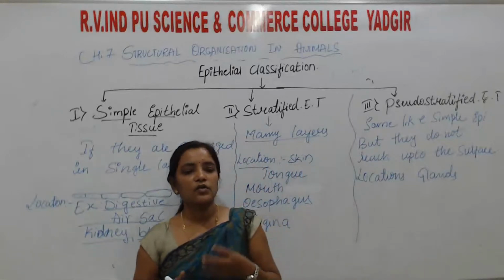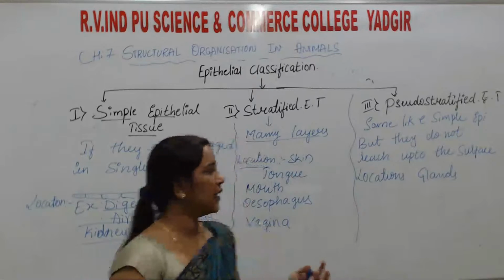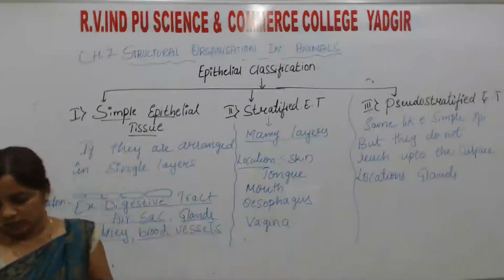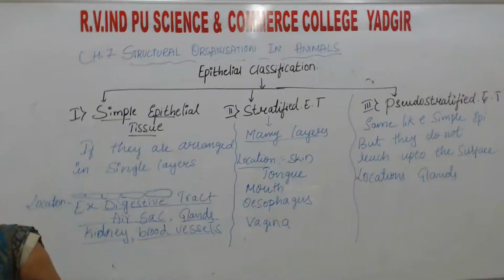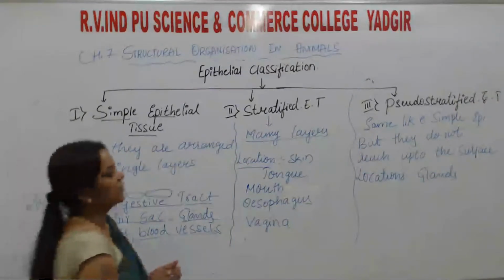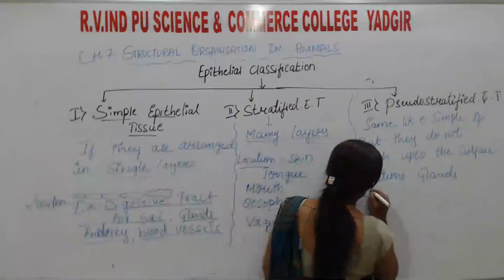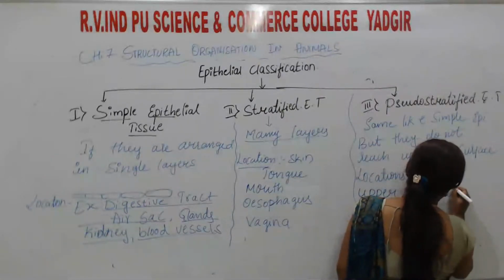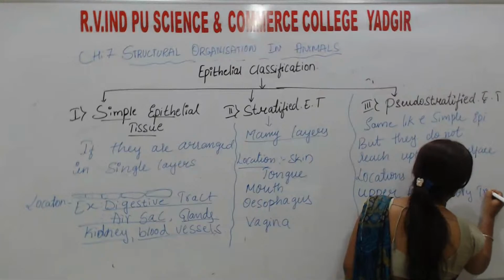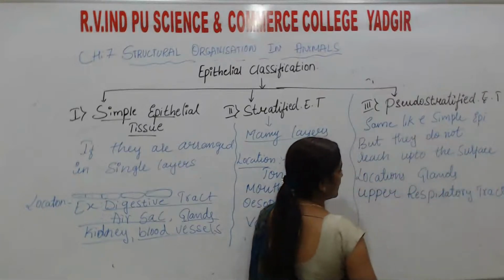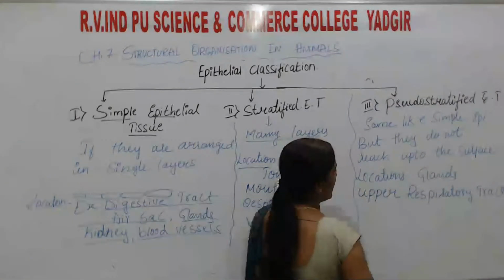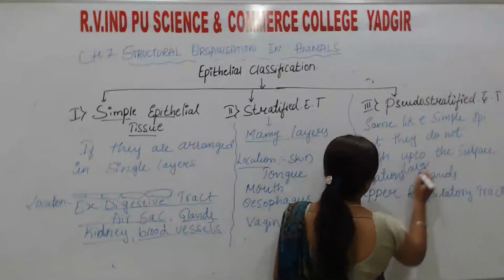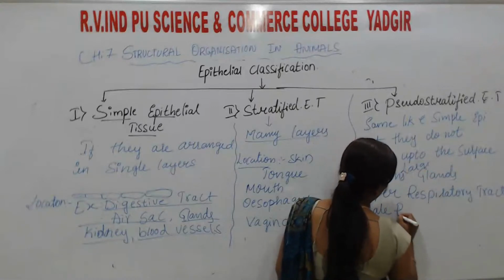So they are called pseudo, meaning false. They are pseudo stratified. Then location, if you take some large glands, then upper respiratory tract, large glands and male reproductive system.